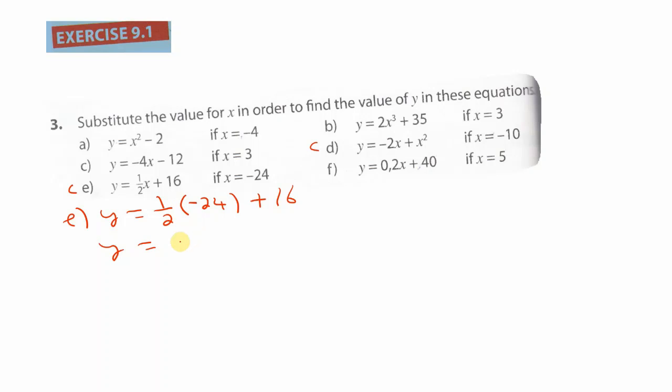A positive times a negative is a negative. Half of 24 is simply 12. 24 divided by 2 is 12, plus 16. We have 16, we give away 12, therefore we have 4.